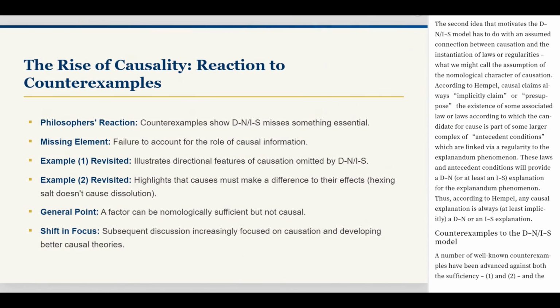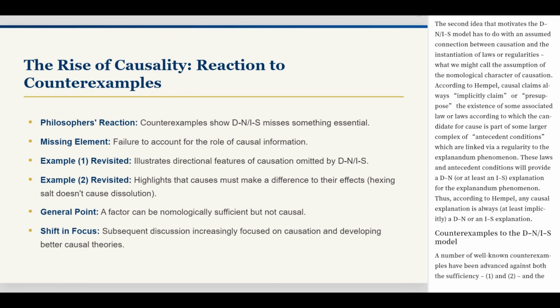What did philosophers do when faced with these tricky cases? Many concluded that the DN/IS model, despite its elegance, was fundamentally missing something crucial. What was it? A lot of ink was spilled, suggesting it was the role of causality. The counterexamples seem to scream about causation. The flagpole asymmetry, that screams directionality, a hallmark of causation.